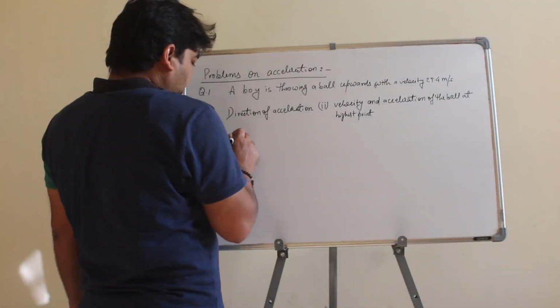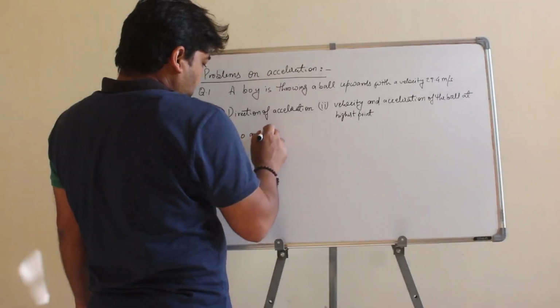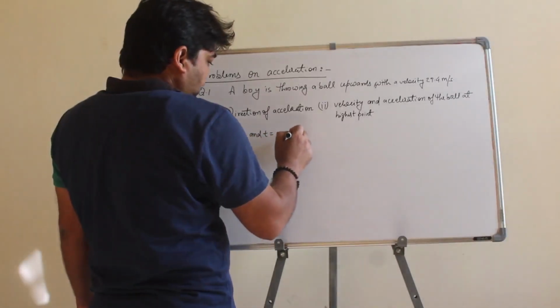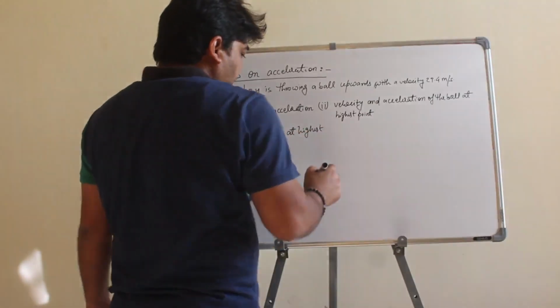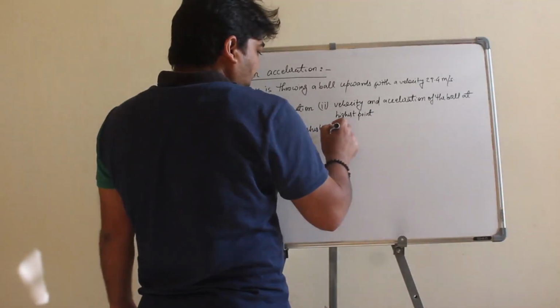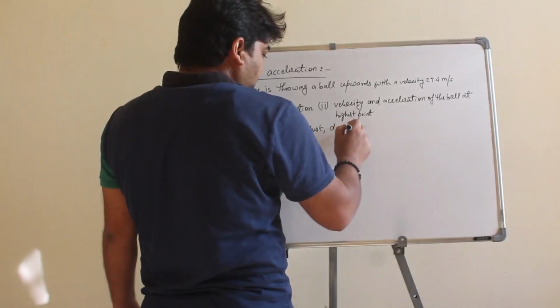So x equals 0 and t equals 0 at the highest point, and downward direction positive.